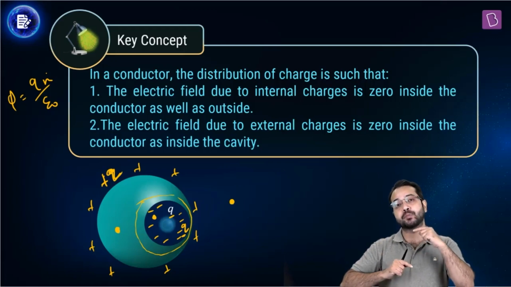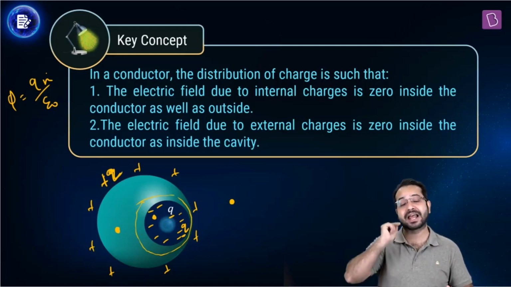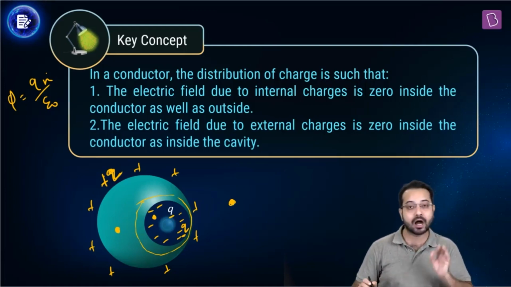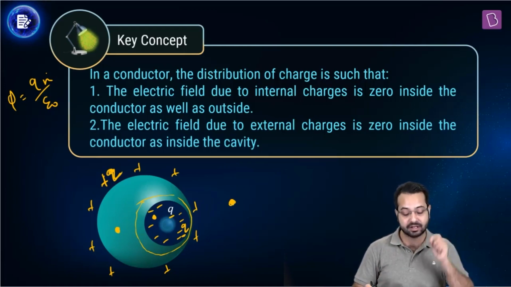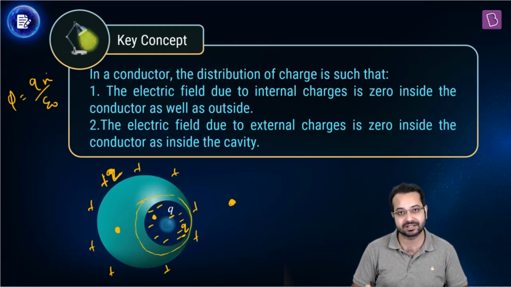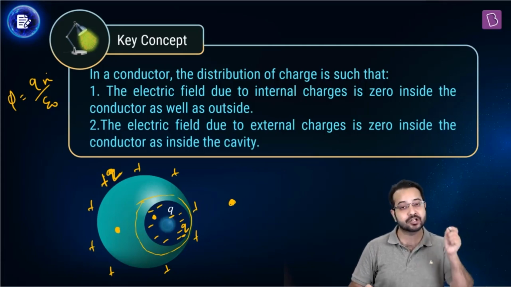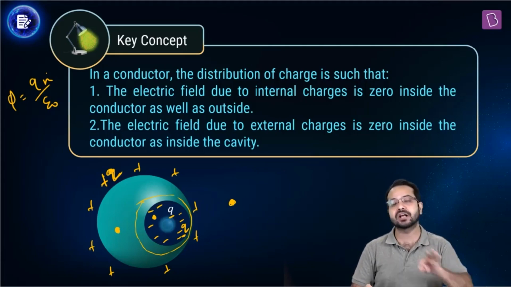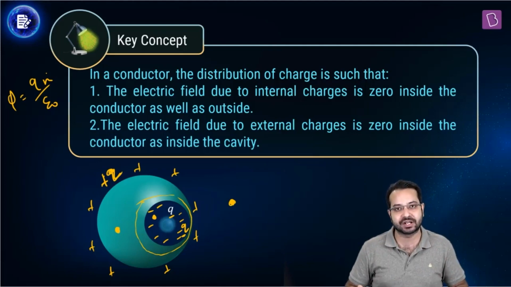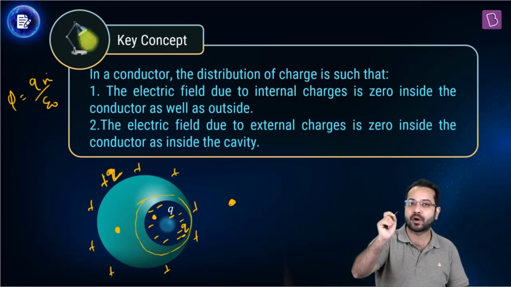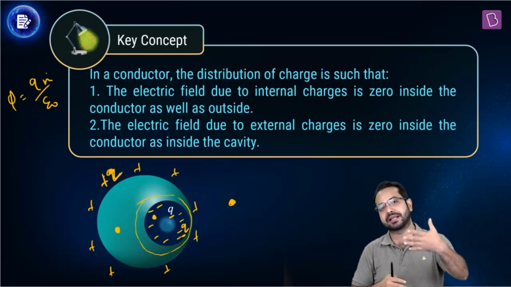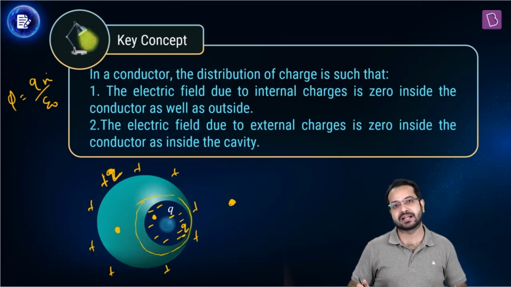Internal charges are going to make the field zero inside the conductor as well as everywhere outside, which basically means any point which is outside will have no impact from the internal charges. They are only going to get impacted due to external charges. And similarly, any point inside is only going to get impacted by internal charges and not by external charges. And this is the beauty of electrostatic shielding. Okay. So the external point is shielded from the internal charges and the internal point is shielded from the external charges. This is electrostatic shielding.